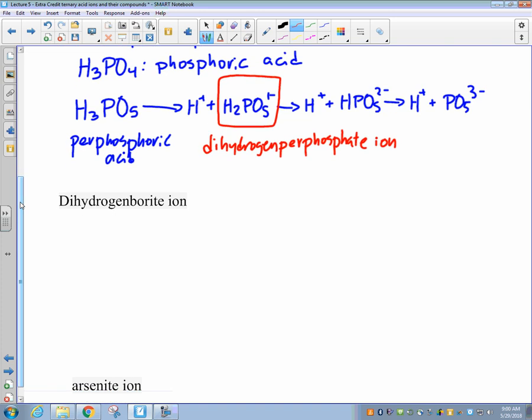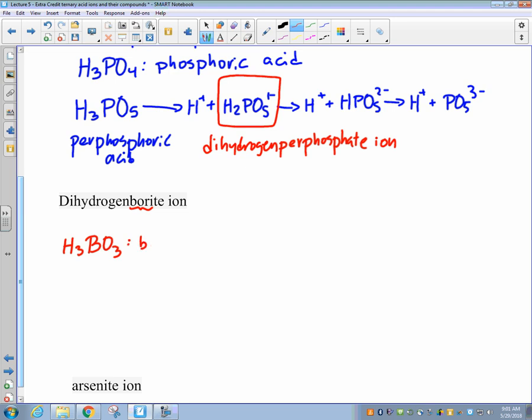Let's see, the dihydrogen borite ion. So start by looking up on your parent acid table. Find the parent acid of this family. We've got the root word here, bor, which refers to the boric acid family. Boric acid listed on your sheet is H3BO3. We now check the name here.